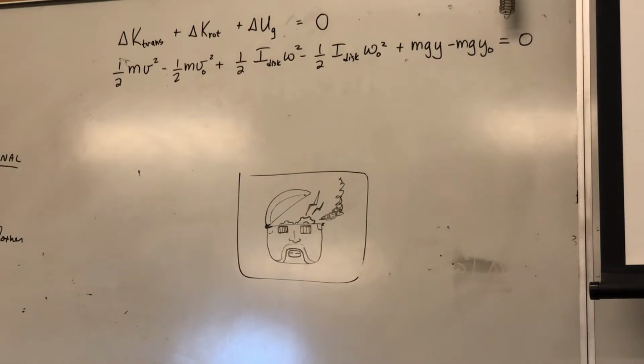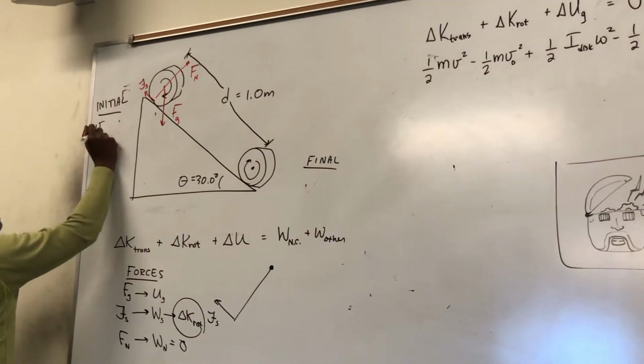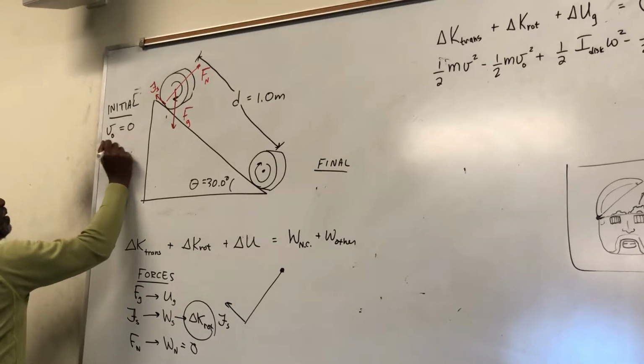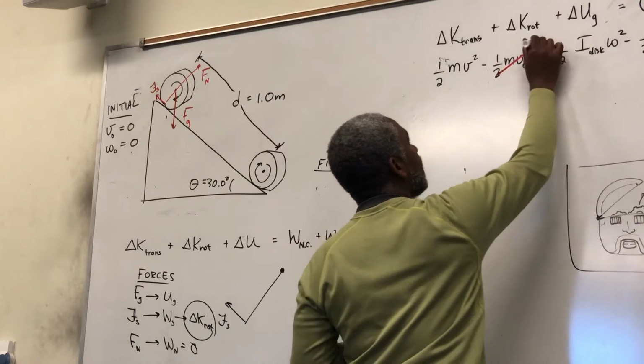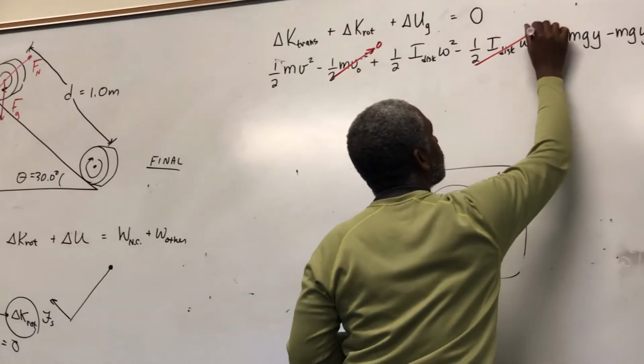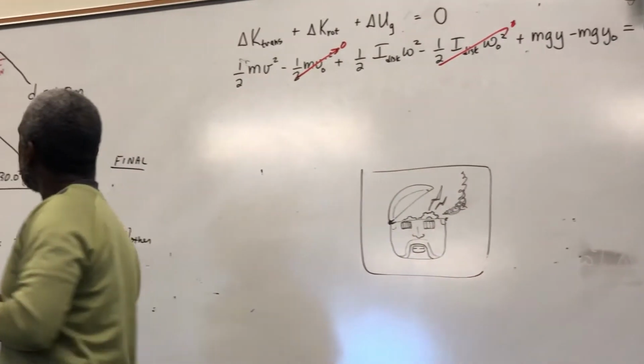So let's look at what our different terms are. It starts from rest, so our initial speed and our initial angular speed are 0.